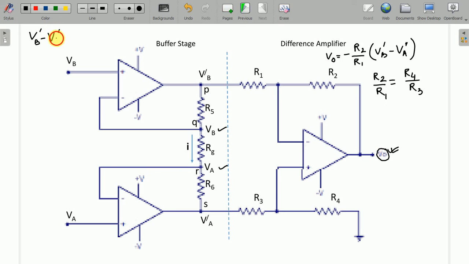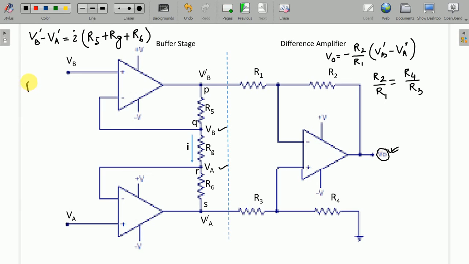Now if we want to write V dash B minus V dash A, this will be nothing but I multiplied by R5 plus RG plus R6. I hope you will agree to this. V dash B minus V dash A equal to I multiplied by R5 plus RG plus R6.